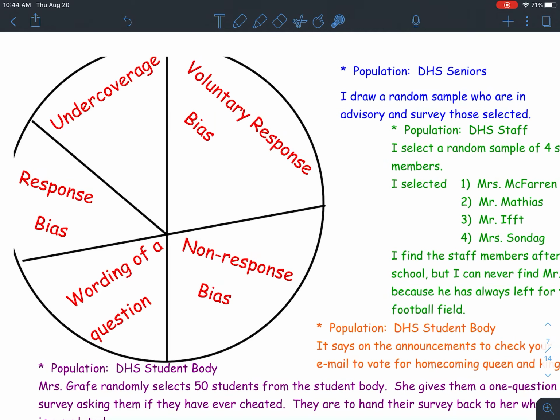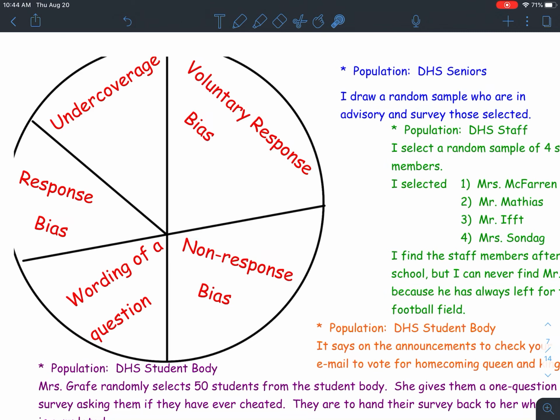Let's say our population is all Dover High School seniors, and I draw out a random sample who are in advisory, and I survey those students selected. Okay, so my overall population is the seniors, and so I go into the senior advisory classes, and I'm randomly choosing, maybe using a random number generator so it's properly random.